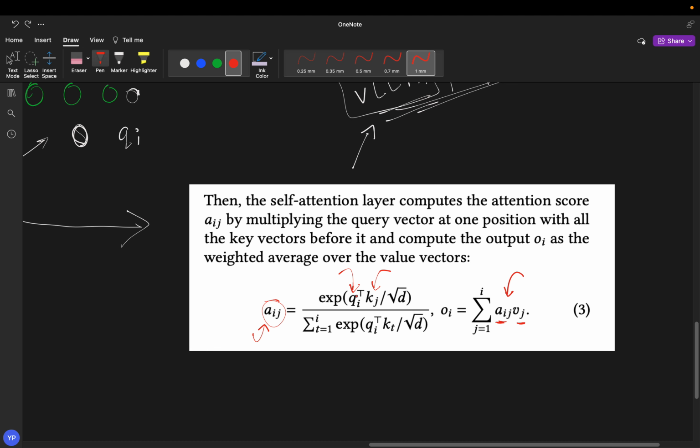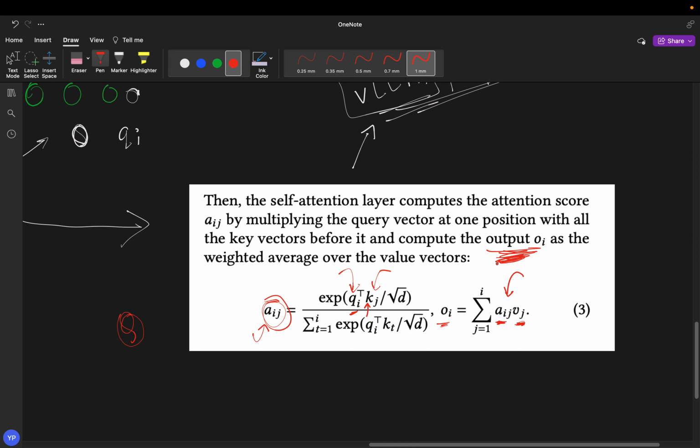So it's not actually using the whole Q vector. If you look at it clearly, for computing the attention head of aij, we take Qi here and Kj here, and Oi is the sum of aij Vj, right?